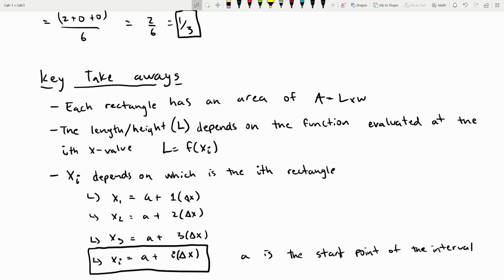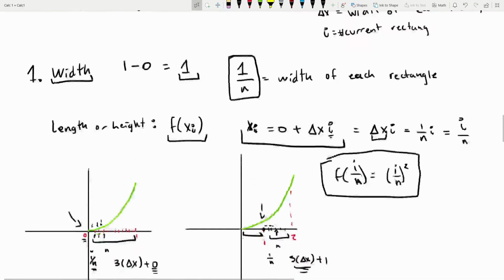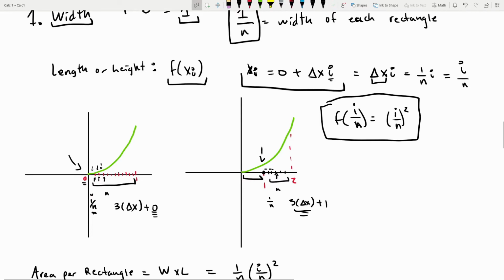Each rectangle has an area of length times width, okay? So we need to find out, okay, what is the length and width of each rectangle? So the length of each rectangle, or the height of it, depends on the function evaluated at the ith x. If we go back to the diagram, this is what I mean. This ith x will have a different x value than this ith x, right?